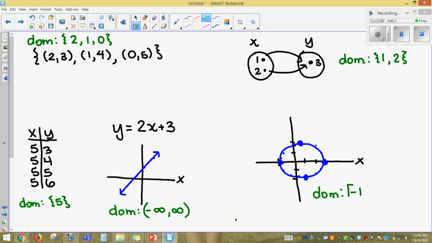Because it actually touches negative 1, here's negative 1 comma 0, but it's negative 1 comma something, then negative 1 is included in that set. If we follow this circle to the right, it looks like the biggest number that it touches is 3. And because it does, in fact, touch the number 3, we're going to put square brackets around the 3 there. Interval notation indicates that it touches everything in between.